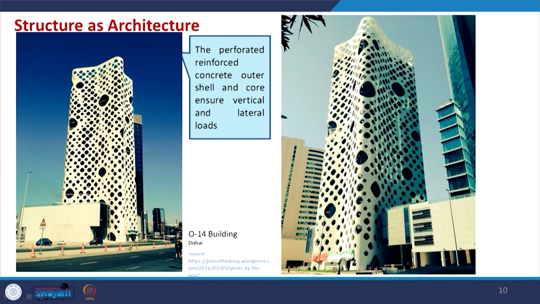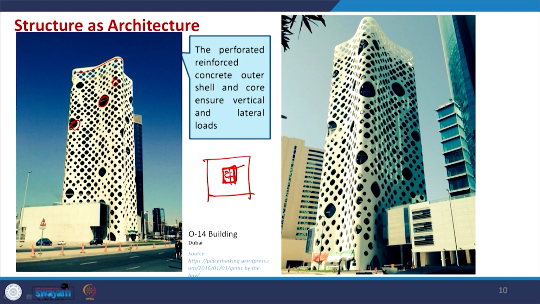Here is another building, the O14 in Dubai, looking very organic. So, what exactly is it? This surface is made of concrete and has some perforation. It also has a core. Now, what is a core? In a high rise building, in many cases we design a core, which essentially serves services like the vertical circulation.